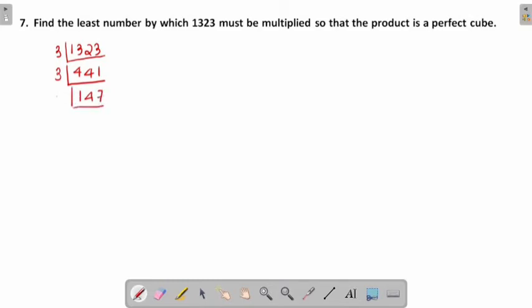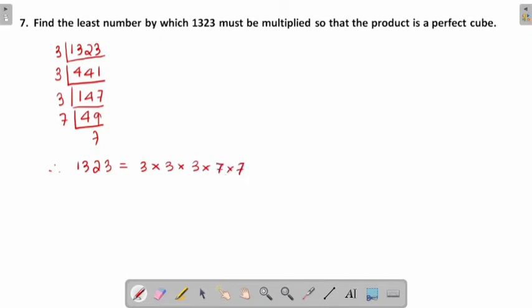Again with 3, 3 9s are 27. Now with 7, we have 7 into 7. So 1323 can be written as 3 into 3 into 3 into 7 into 7.